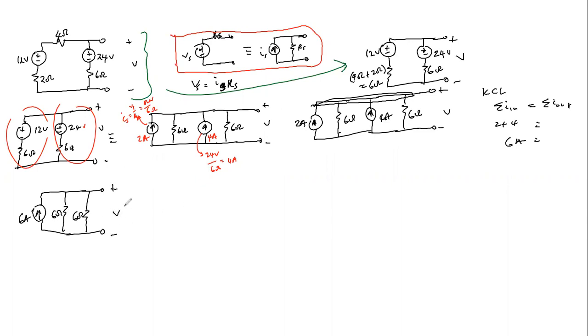Now we know that 6 is in parallel with 6, so that's going to give us 1 over 6 plus 1 over 6. That will give us 36 divided by 12, which is 3 ohms. So that will give us 3 ohms here.